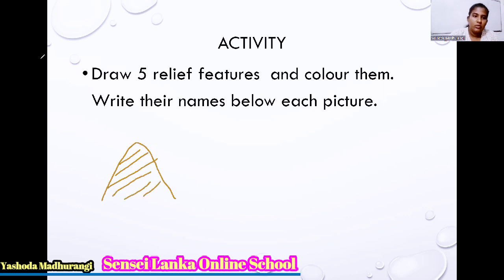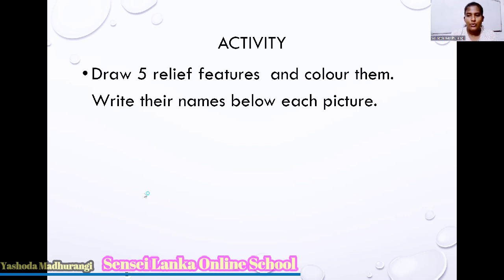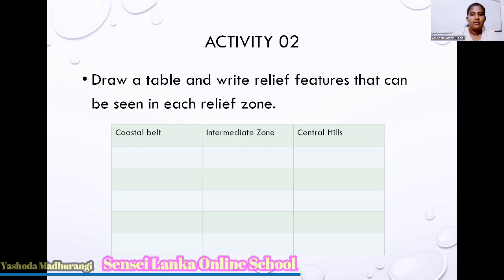So this is a mountain. And then you have to write. It is better to write below the picture: Mountain. Like this, you have to do 5. This is only an example. When you have free time, you can do these activities.